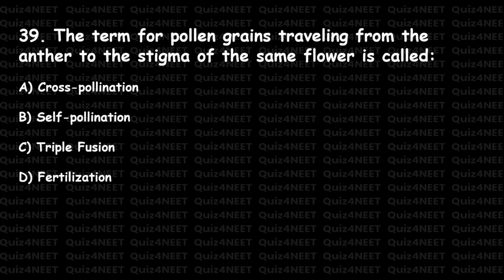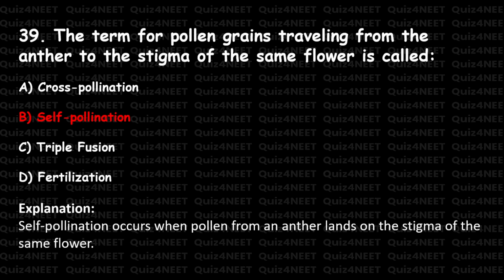The term for pollen grains traveling from the anther to the stigma of the same flower is called A. Cross-pollination, B. Self-pollination, C. Triple fusion, D. Fertilization. Right answer, B. Self-pollination. Self-pollination occurs when pollen from an anther lands on the stigma of the same flower.